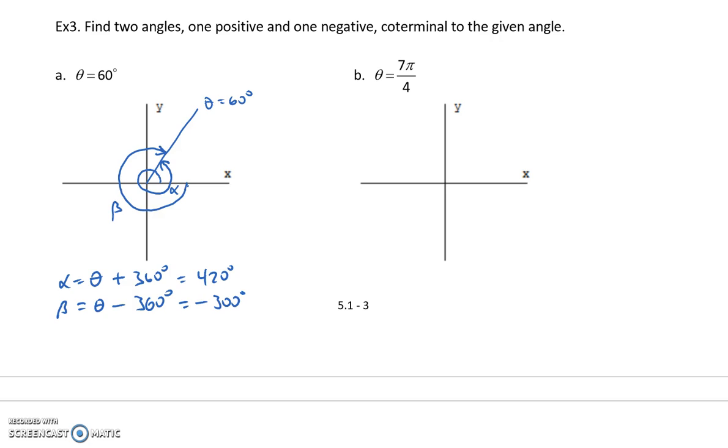So alpha and beta are coterminal. They're also coterminal to theta, and they do differ by a multiple of 360 degrees. Their difference is actually 720 degrees, and that is a multiple. It's 2 times 360. So it does satisfy the conditions of coterminal angles.